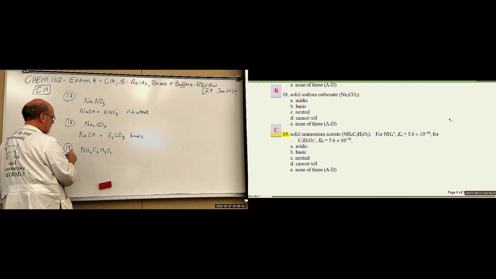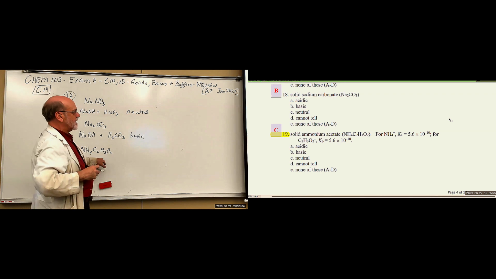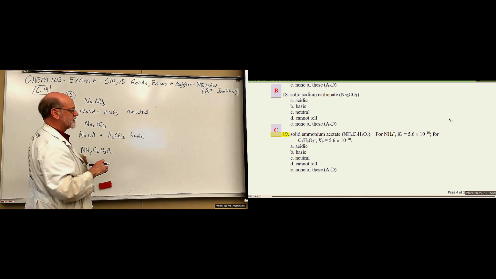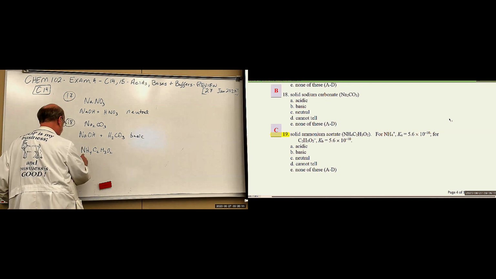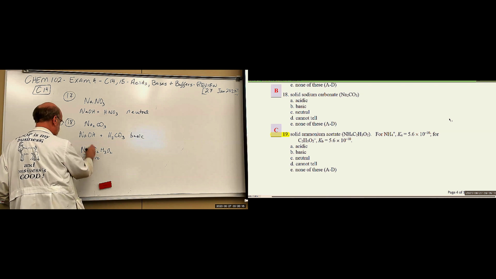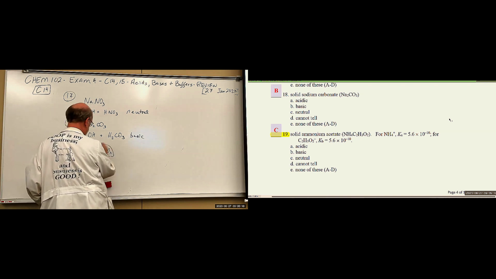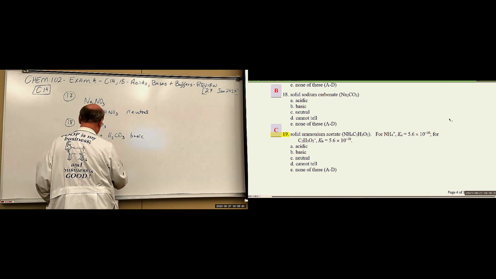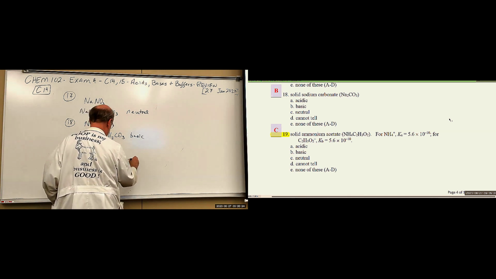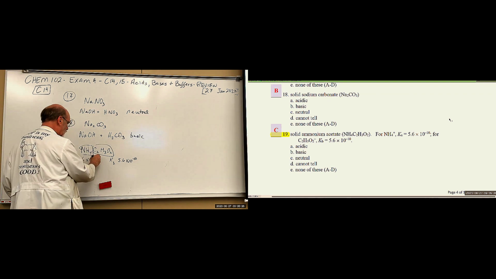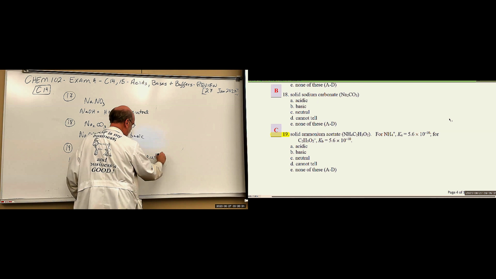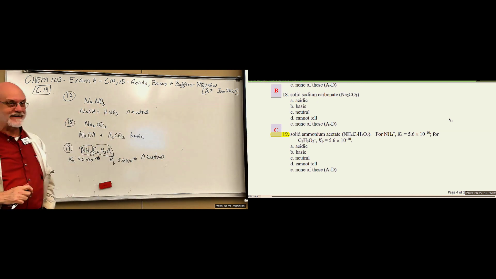So we need to compare the Ka of this acid, which is 5.6 times 10 to the minus 10, and the Kb for this one is exactly the same value. So there are no winners. This is neutral.